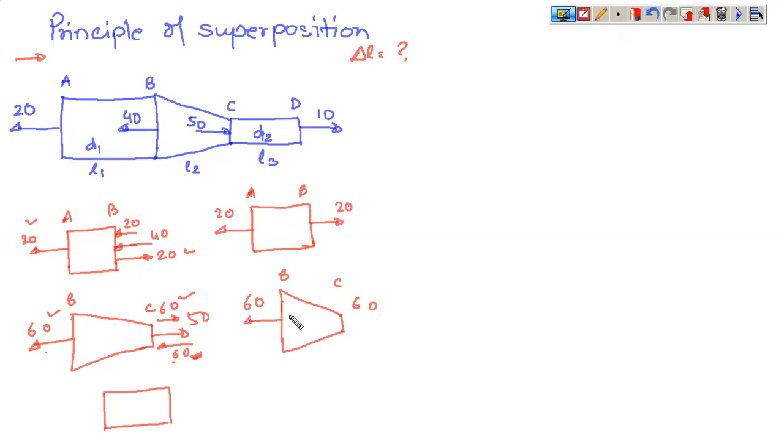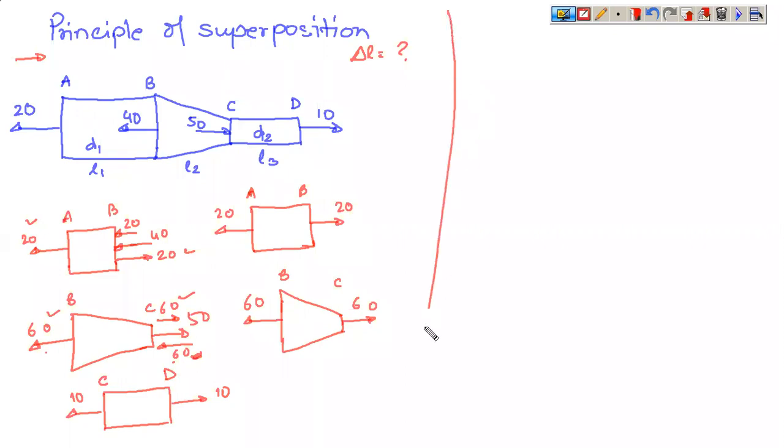So this is again tensile, this is again tensile. So you are left with 10 in this direction. So the last section should auto balance itself. If it is not balancing itself, then you need to go back and see what all is wrong.